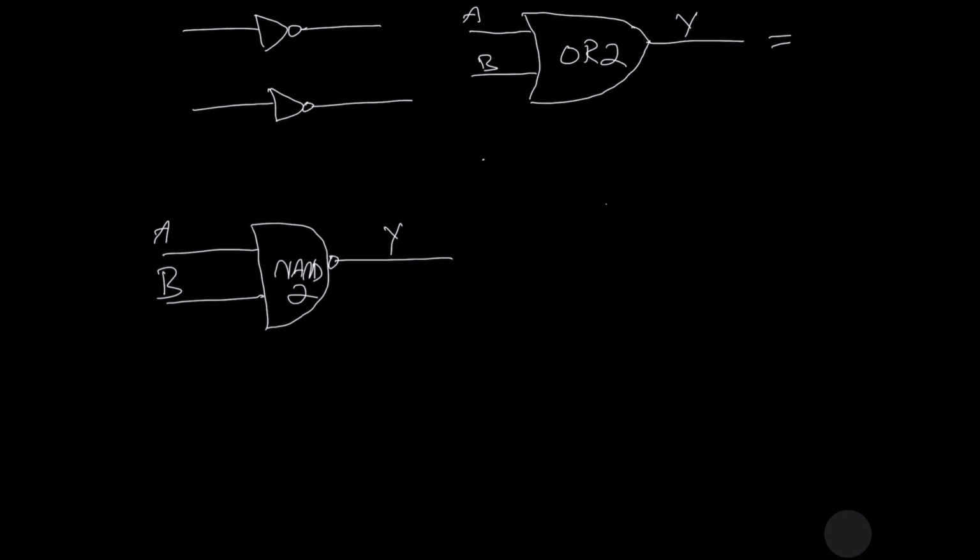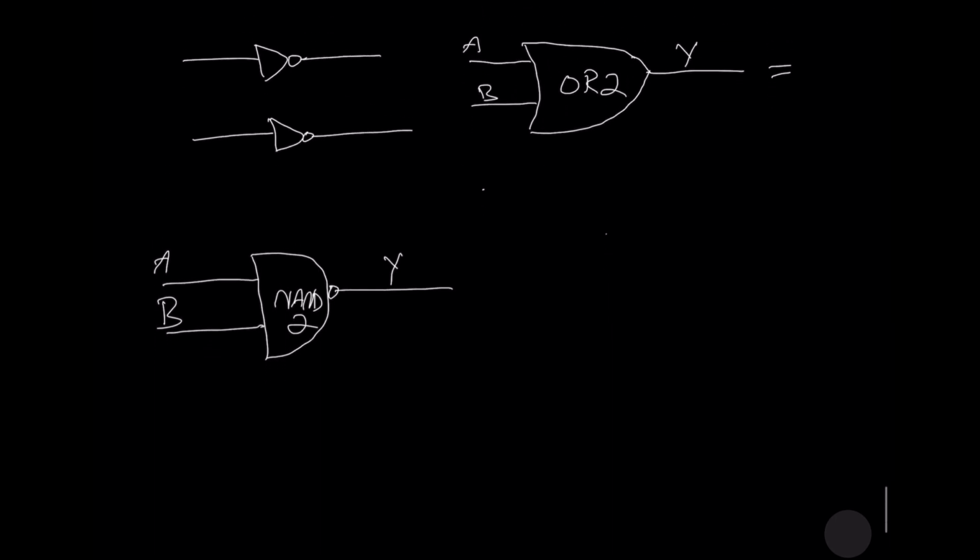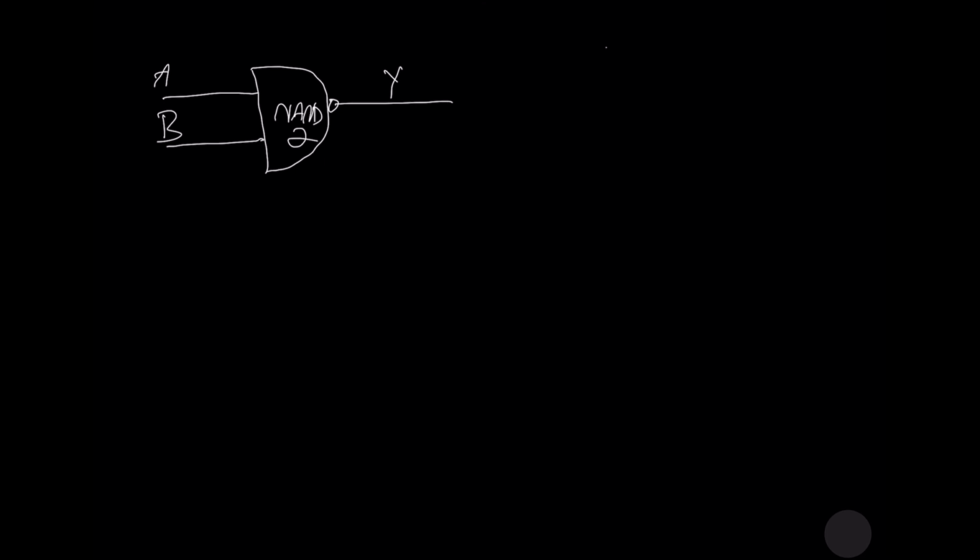Okay, that was not that bad. It was actually pretty simple too. Okay, I will need you guys to reverse this thing. I will want you guys to add two inverters.